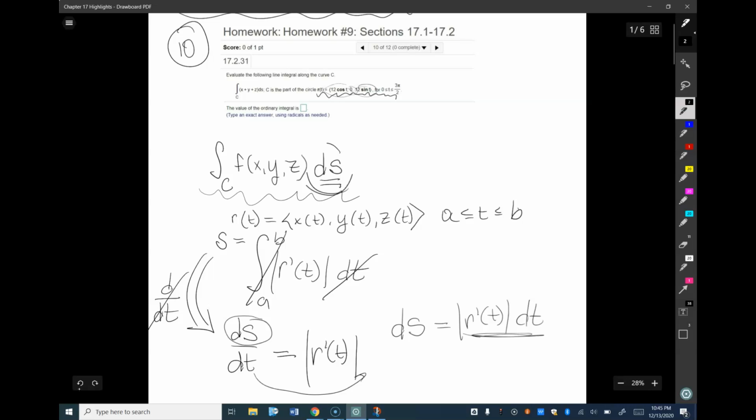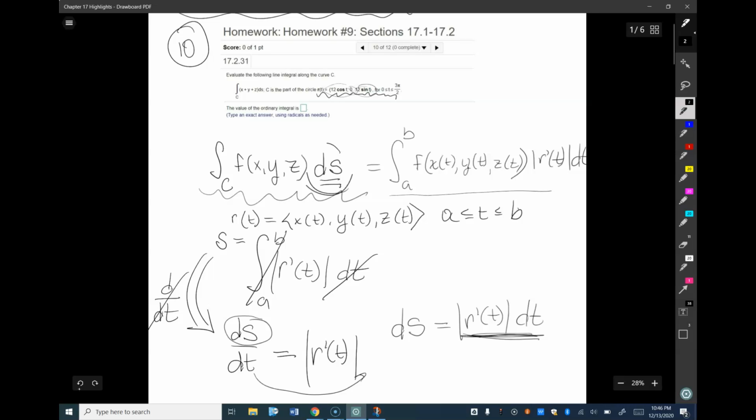So when the line integral is given to us in this format, really what we're going to do is integrate from a to b. We're going to write f using the x of t, y of t, z of t given to us in the r of t. And the ds is going to get replaced with this guy, which is magnitude r prime of t dt.